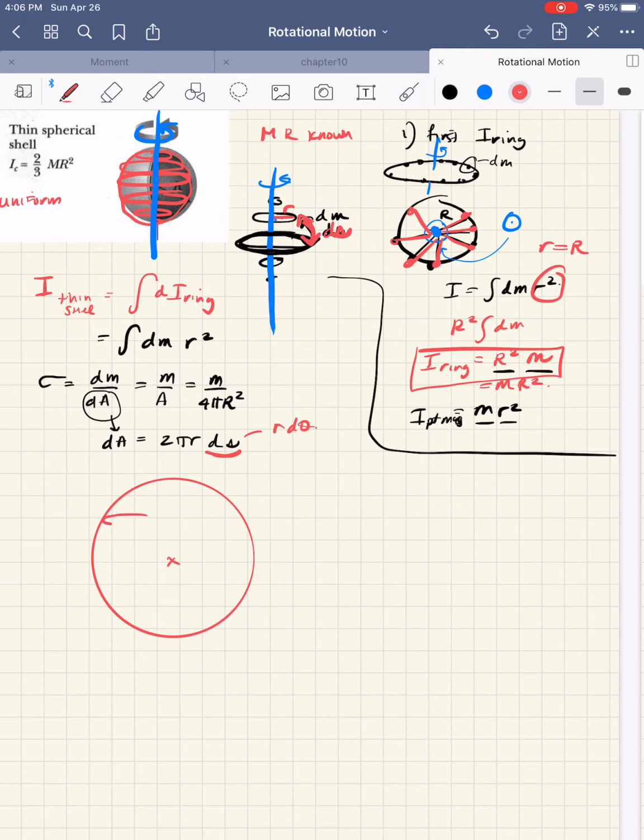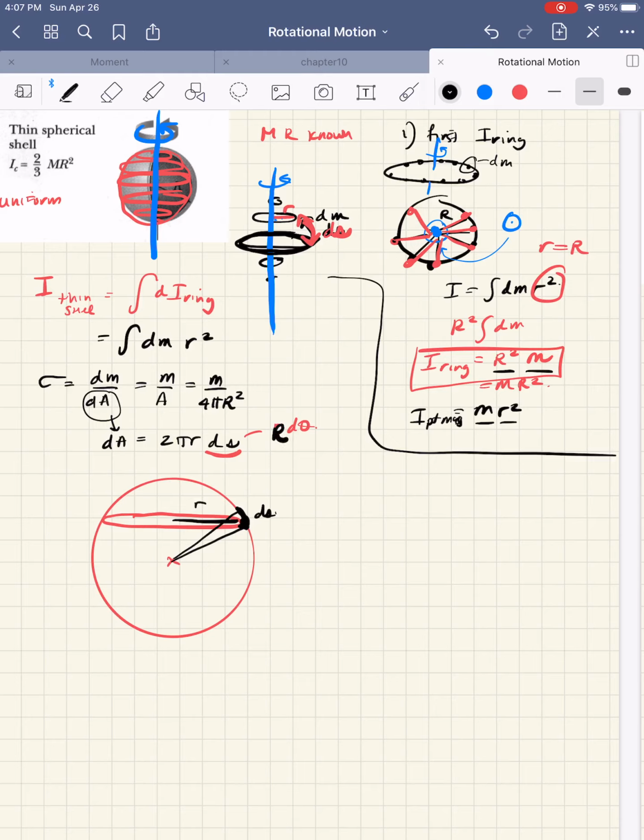So let me draw my ring. Here it is. It currently has its radius of r, and I want to take a look at its little thickness right here. It is dr, my bad.